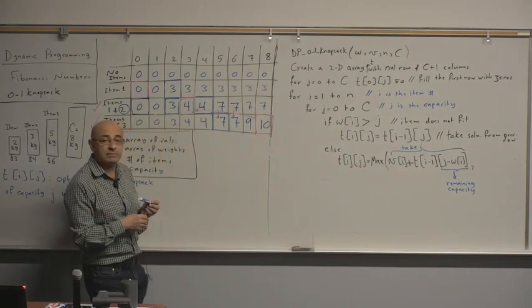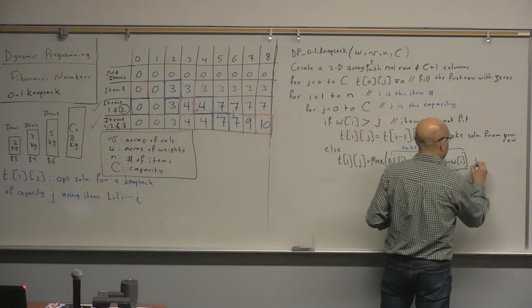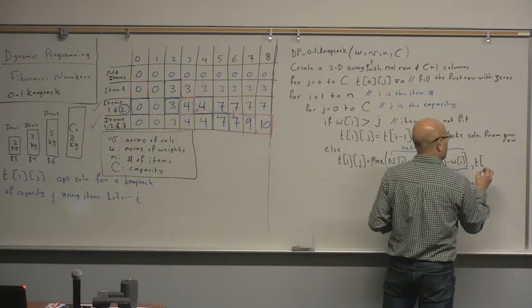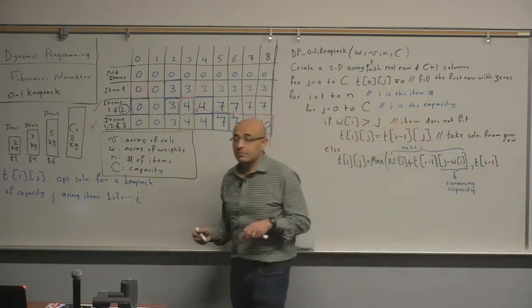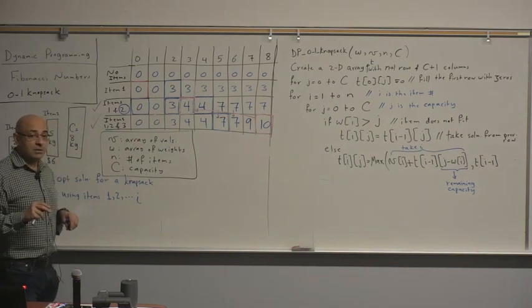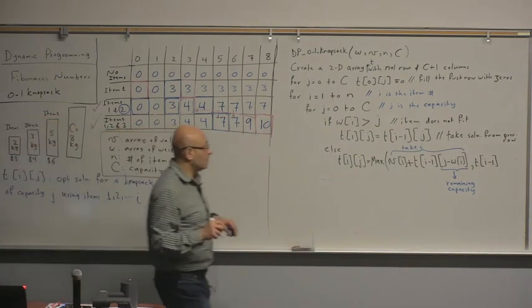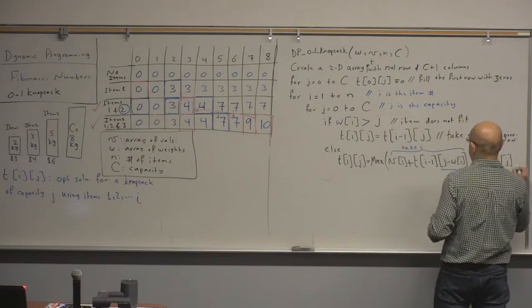Now if I don't take I, what's the option? What would be the value? T of the previous row. What is the previous row? T of I minus 1 and what J? Did we change the column? No, when you look at the previous solution, it's previous row, same column. So previous row, same column is this.